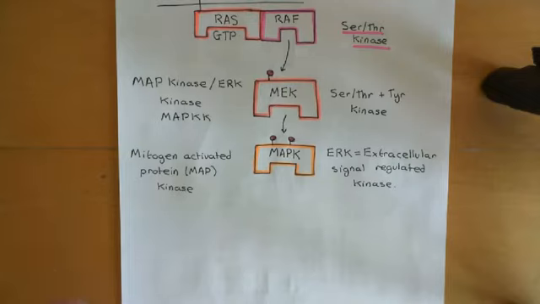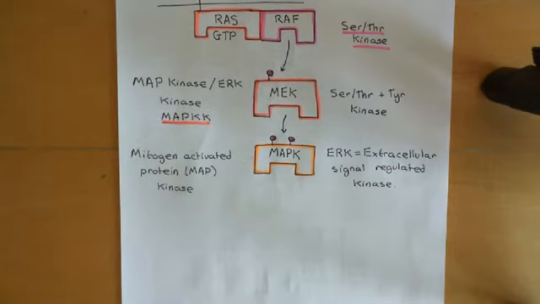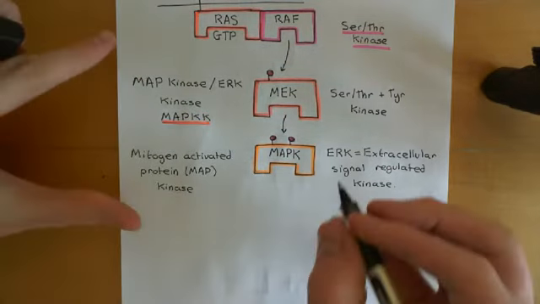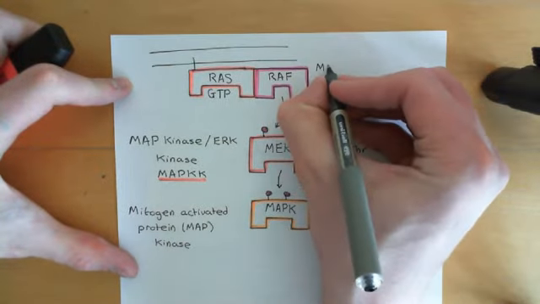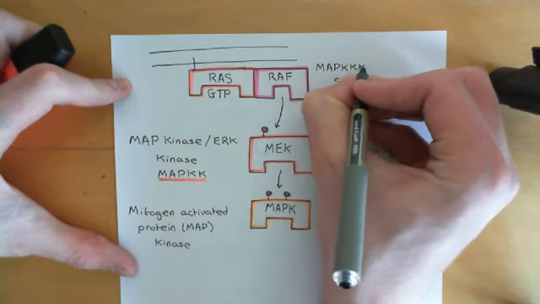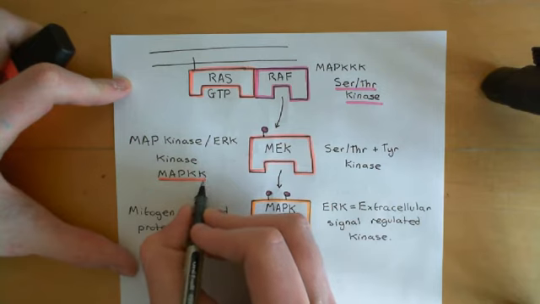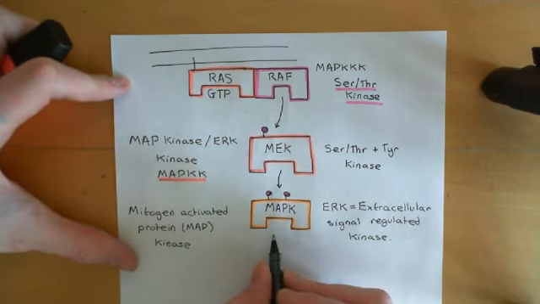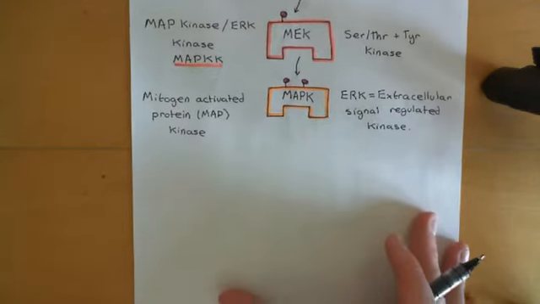You can also hear MEK called MAP kinase kinase, and even worse than that, you can hear Raf enzymes called the MAP kinase kinase kinase, because it's the kinase enzyme for the MAP kinase kinase enzyme, which is then the kinase enzyme for the MAP kinase enzyme. So be aware that there are these other silly names for these enzymes as well.